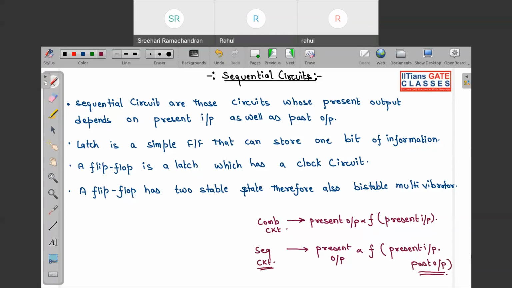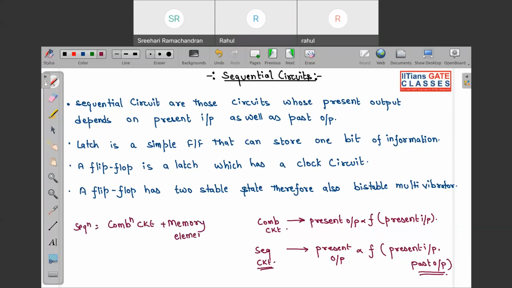So in a sequential circuit, your present output depends on present input as well as past output, and for storing past output we require some kind of memory element. So a sequential circuit is actually a combinational circuit plus memory element.